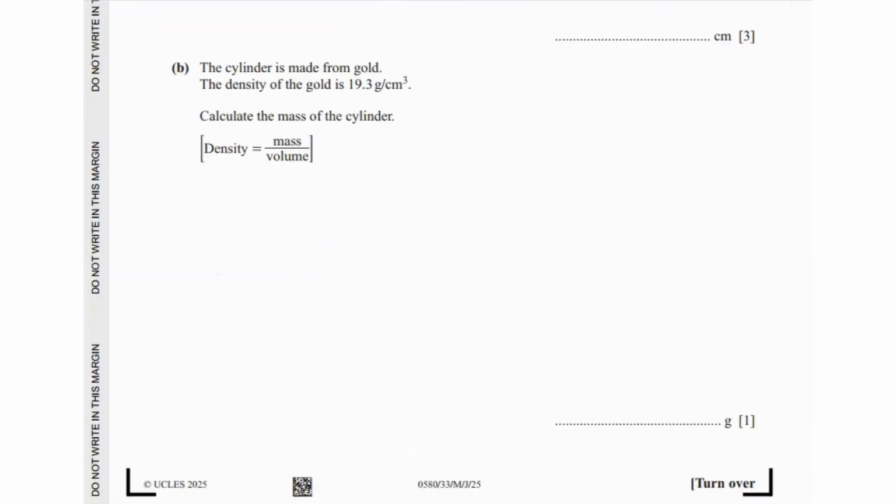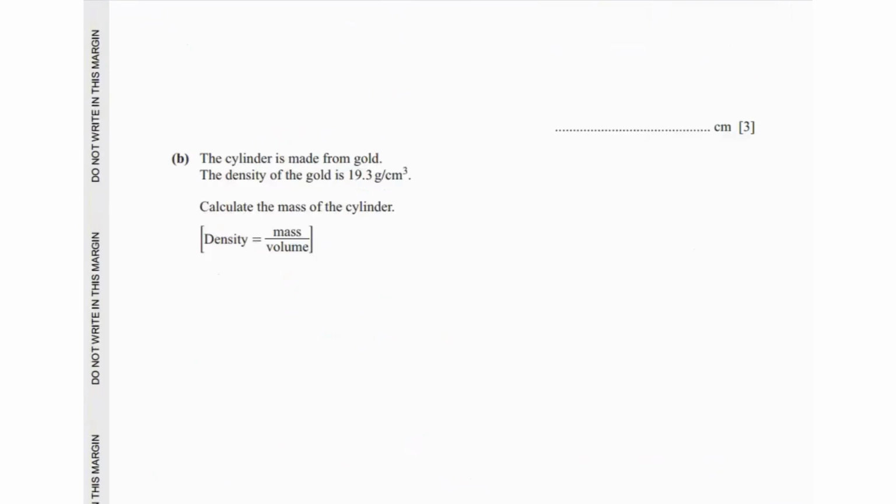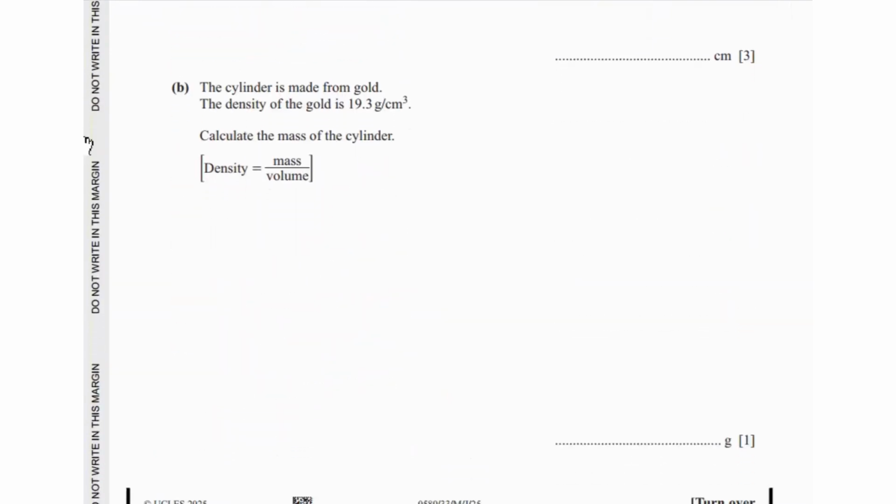Then the cylinder is made from gold. The density of the gold is 19.3 grams per centimeter cubed. Calculate the mass of the cylinder. So they've given us the formula. We already have the volume, which is 478. We just plug this in the formula. 19.3 equals mass over 478.